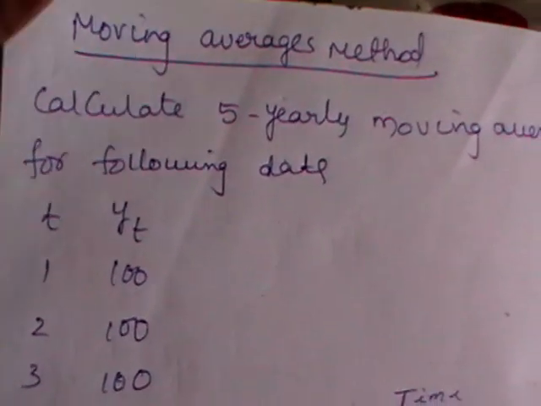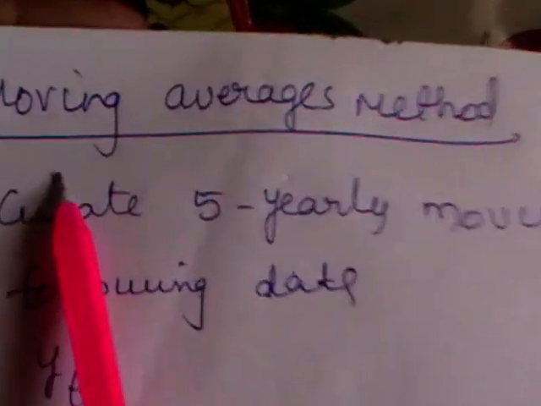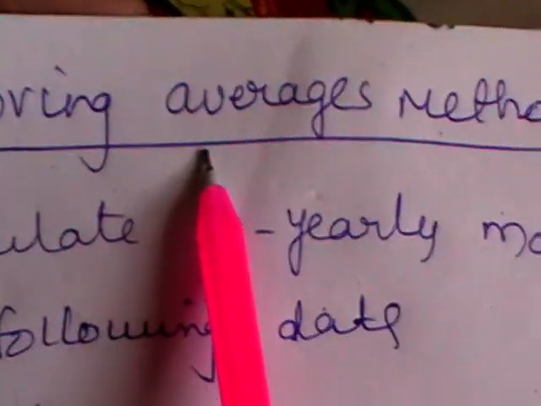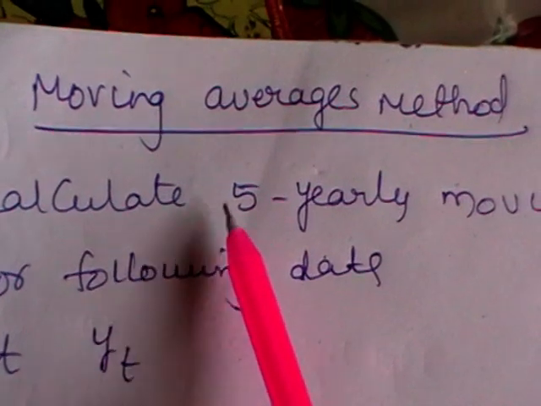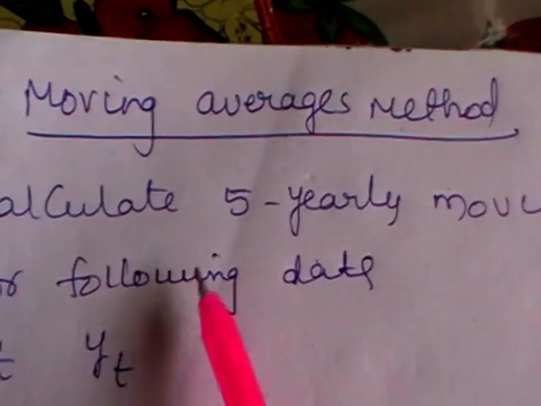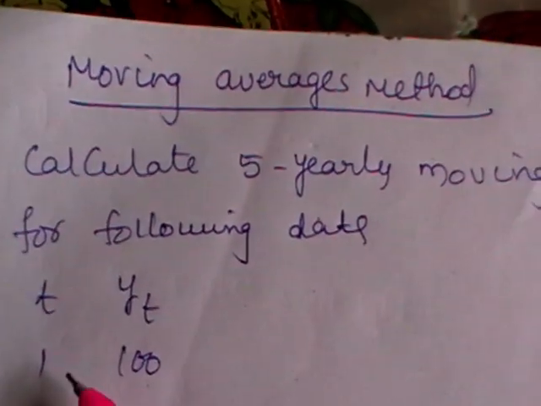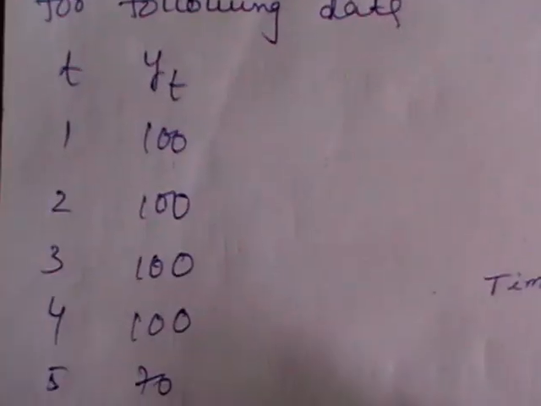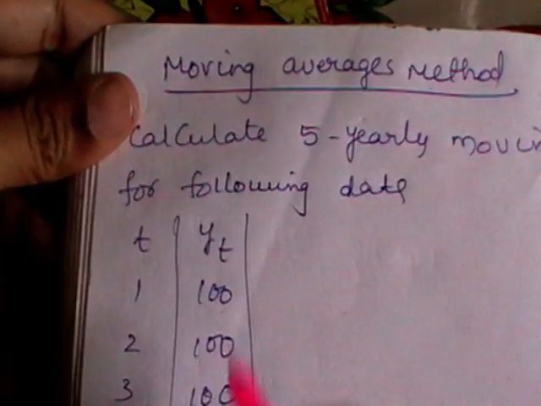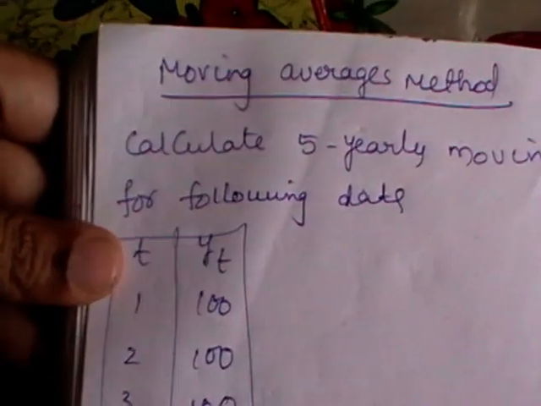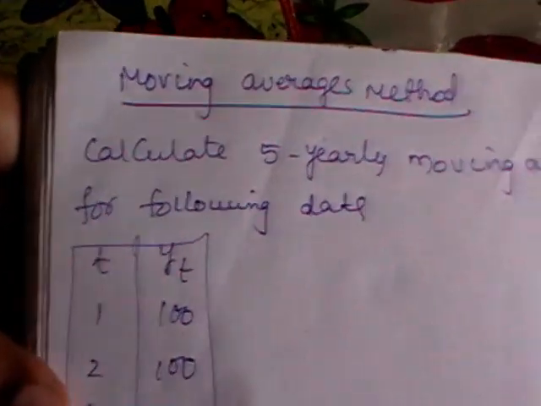So, the moving averages method. The name itself indicates that here we are going to use some averages which are moving. Under the moving averages method, your time series will be given with time and the respective value of the variable. Like always, time series data consists of t and yt, where t is the time and yt is the value of the variable.